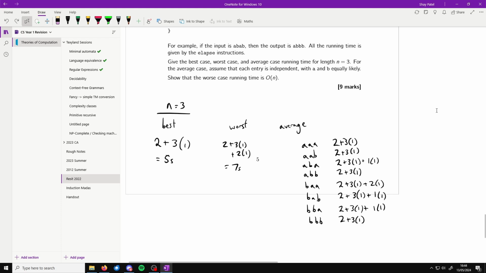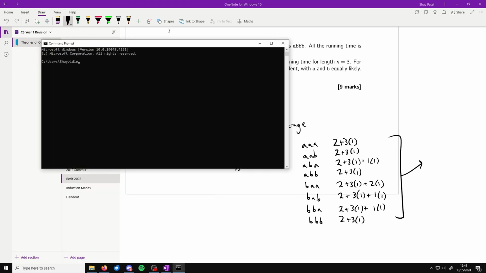Let's quickly do that. So 2 plus 3 plus 2 plus 3 plus 2 plus 3 plus 1 plus 2 plus 3 plus 2 plus 3 plus 2 plus 3 plus 2 plus 1 plus 2 plus 3 plus 1 plus 2 plus 3. That's 45.